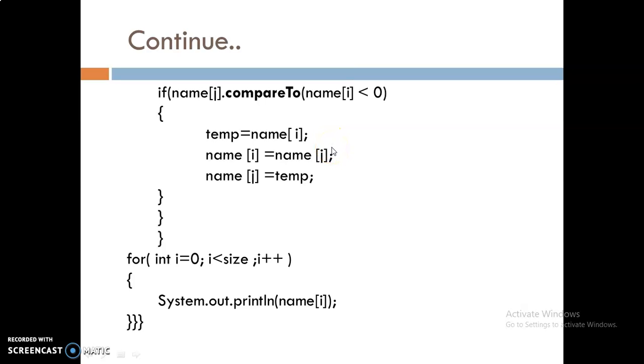What we are actually checking here is the ASCII values of the characters by using this compareTo function. We check the first string and then the second string. We check the first ASCII value of string 1 and the first ASCII value of the second string, and whatever is there, accordingly the lesser value is going to be exchanged to the upper one.